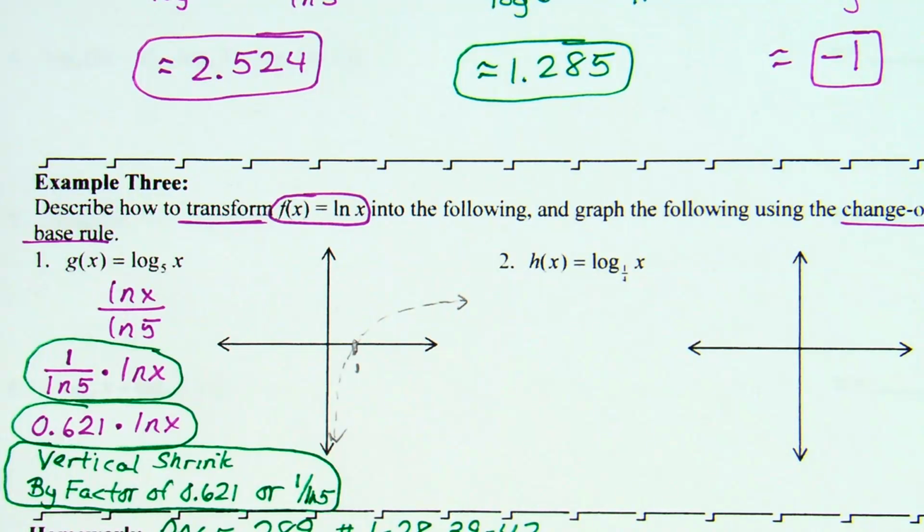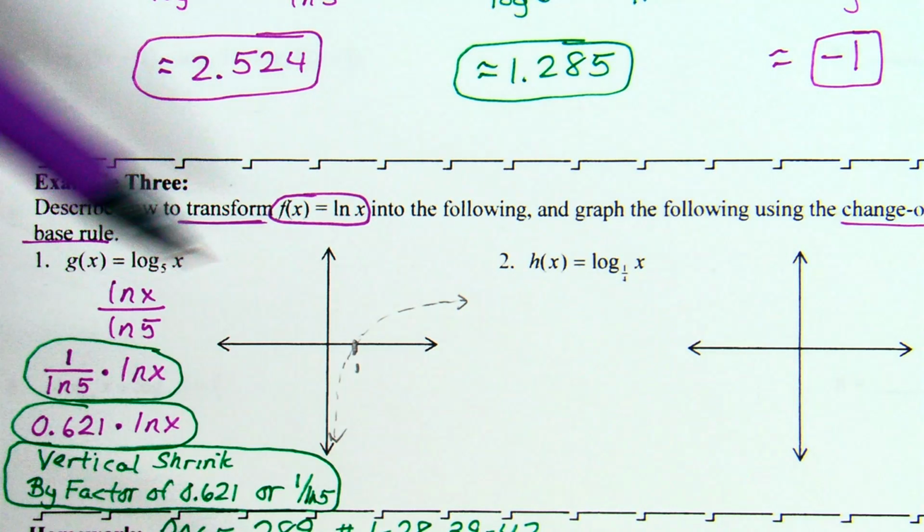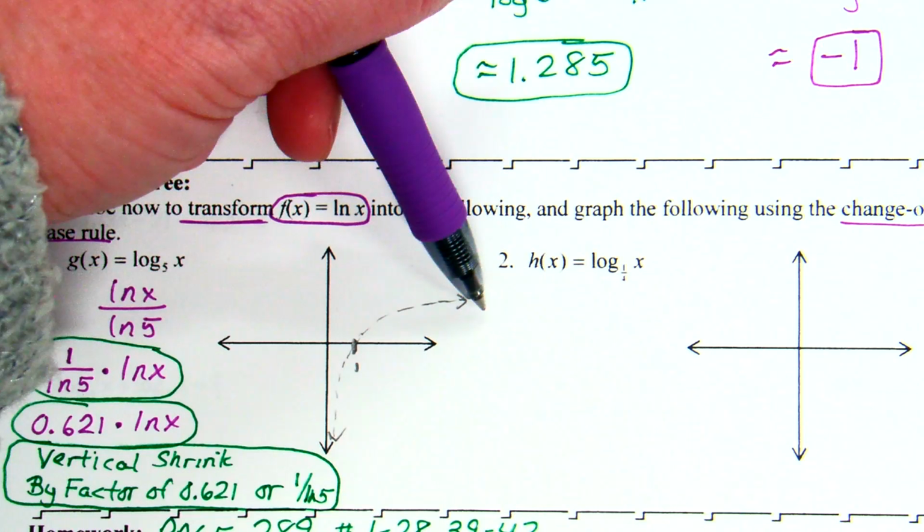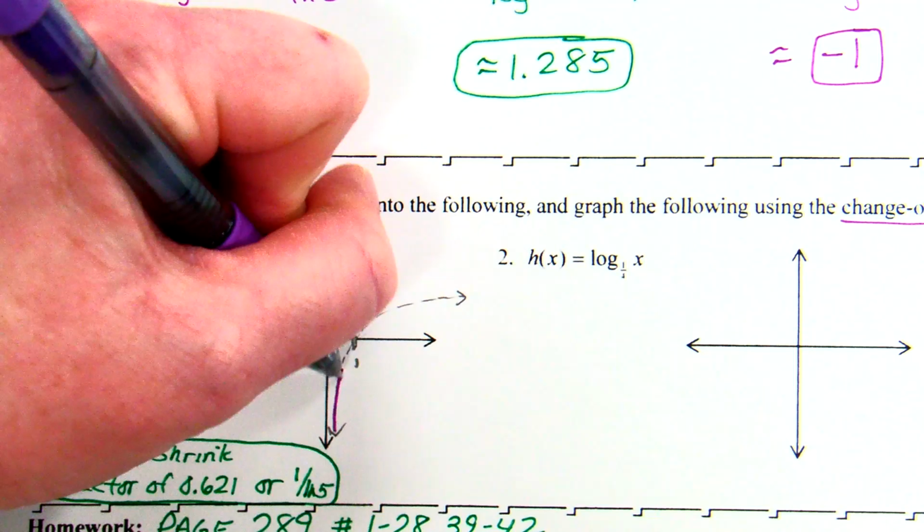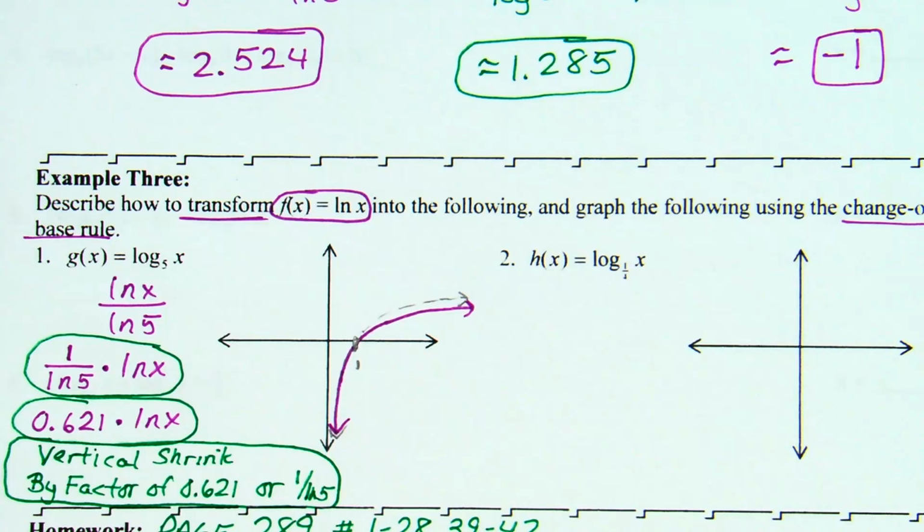What's going to be the biggest difference you'll be able to see? If we're shrinking our vertical values, what's going to happen after we cross through 1? Instead of going up here, it's going to be closer to the x-axis. Okay, so the best I'm going to do is I'm just going to kind of freehand this. I can show you on the calculator, but I probably should have drawn that a little bit lower. But the idea is it's a shrink, and so it's down below.